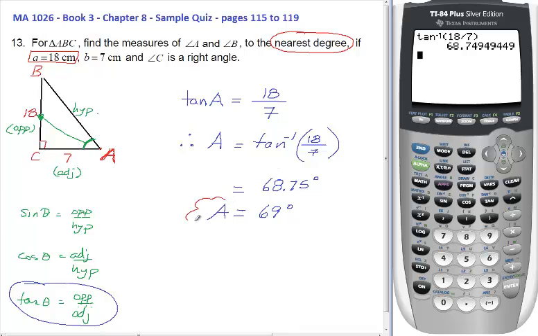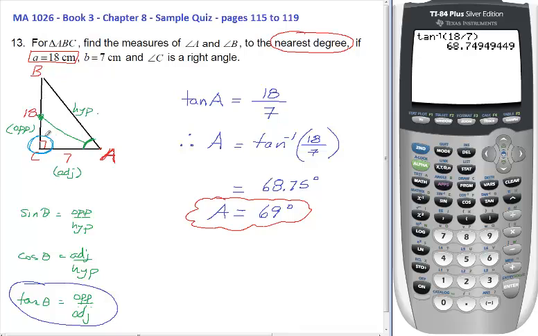So we got one of them worked out. There's A right there. Now how do we find angle B? You could use trig again, but it's much simpler if you use the idea that the three angles of a triangle add up to 180, or that the two acute angles of a right triangle are complementary.